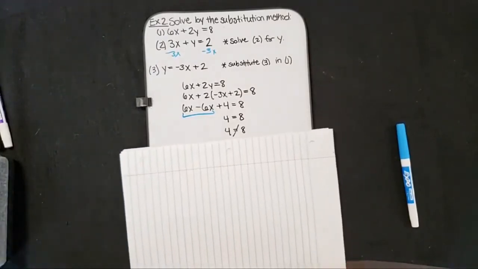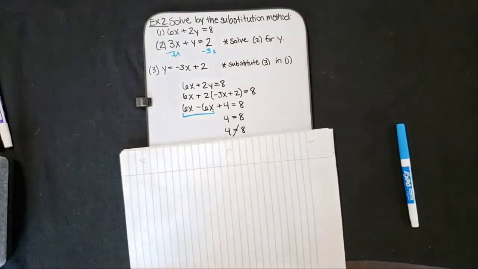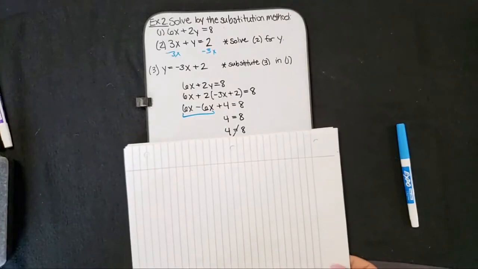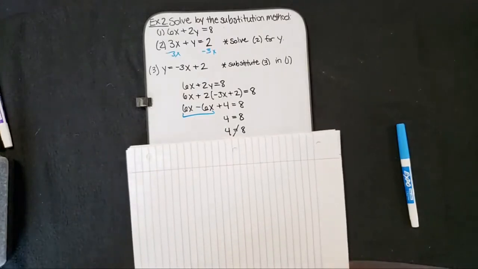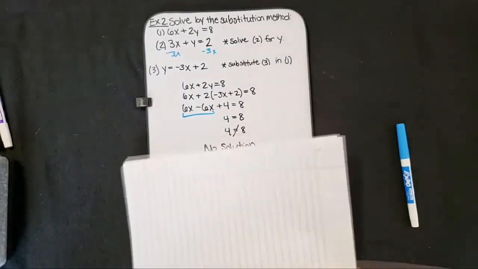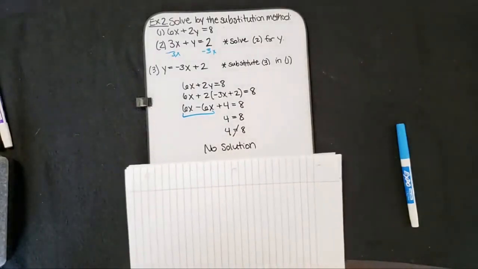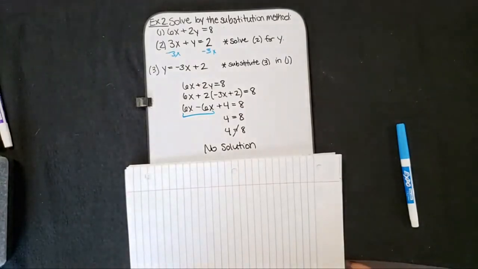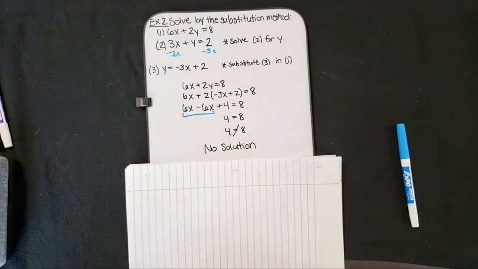So when we are solving systems of equations using the substitution method, and we see that after substituting it in, it does not equal, then that means there's no solution. And on the graph, the lines would not intersect.